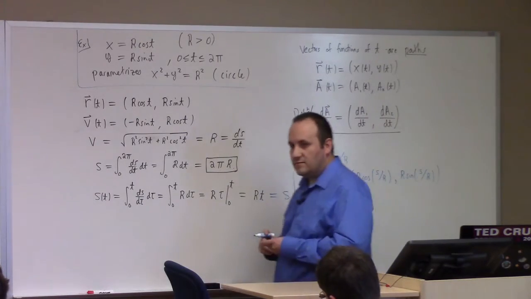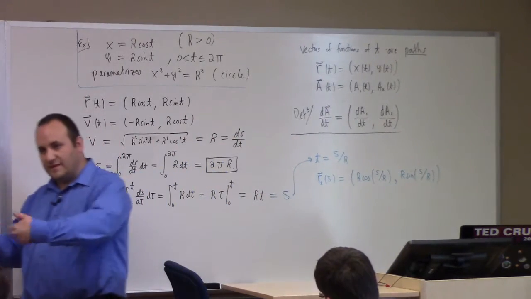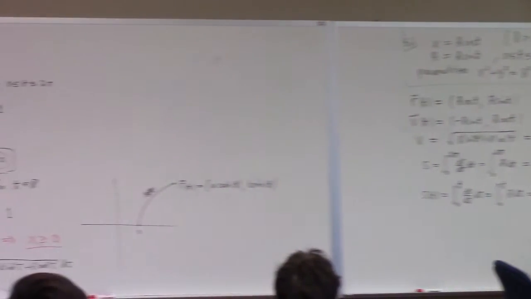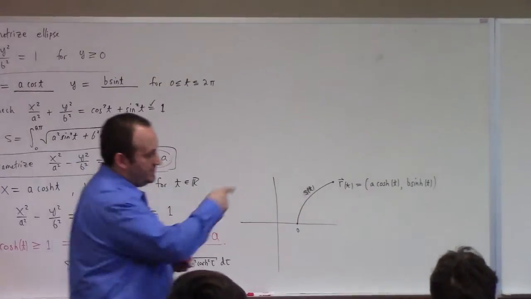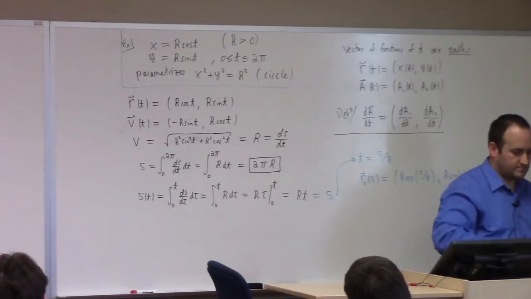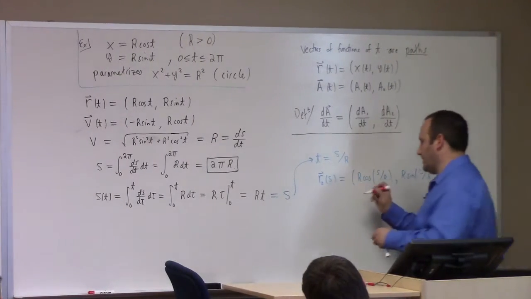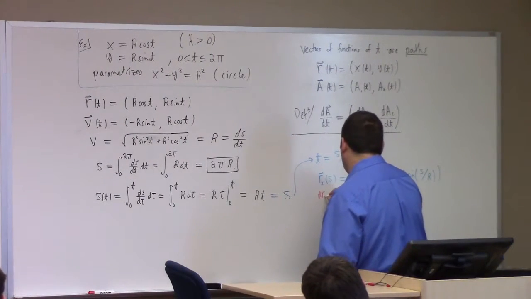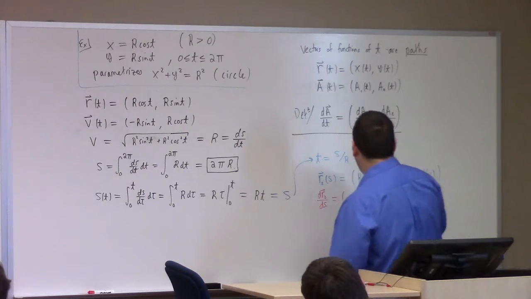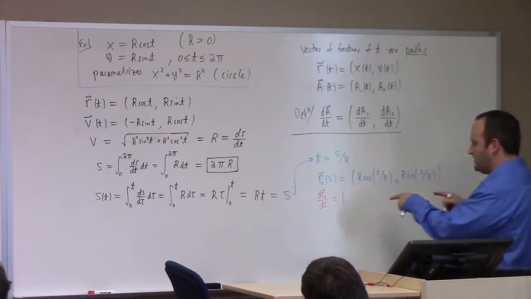I just replaced t with its formula in terms of s. What's the velocity of this thing? When we differentiate with respect to s, what happens?